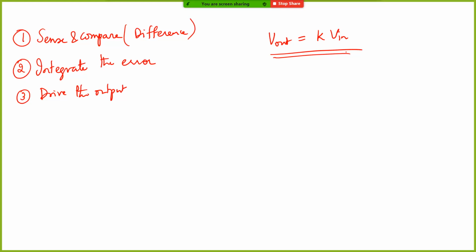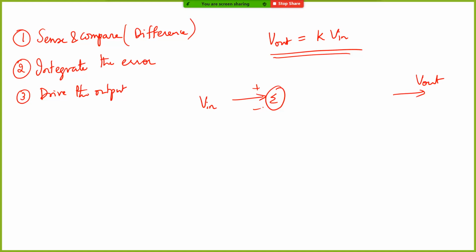Okay. So right now we have an input V in, and we need an output V out, which is equal to K times V in. And what we said was, we can have a summer block. Now we cannot compare K times V in and V out, right? Because if you already have K times V in to begin with, you don't need all this system. What you have is only V in.